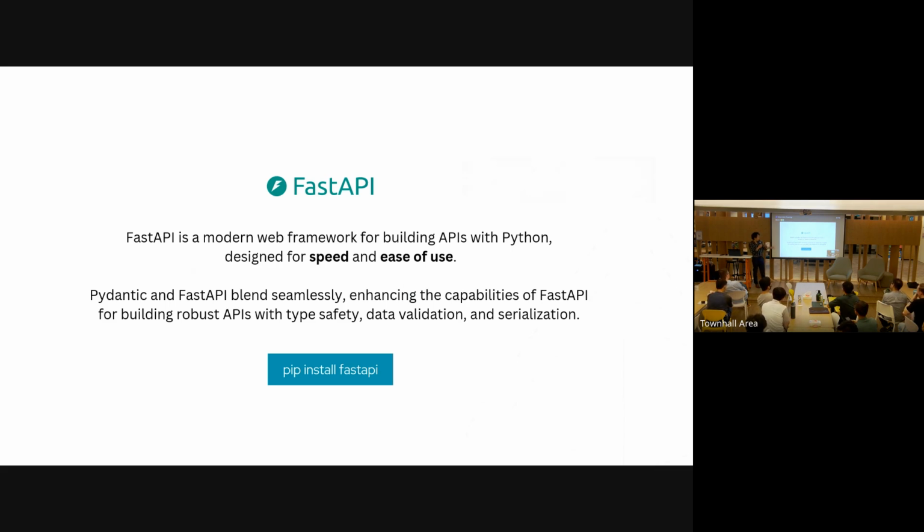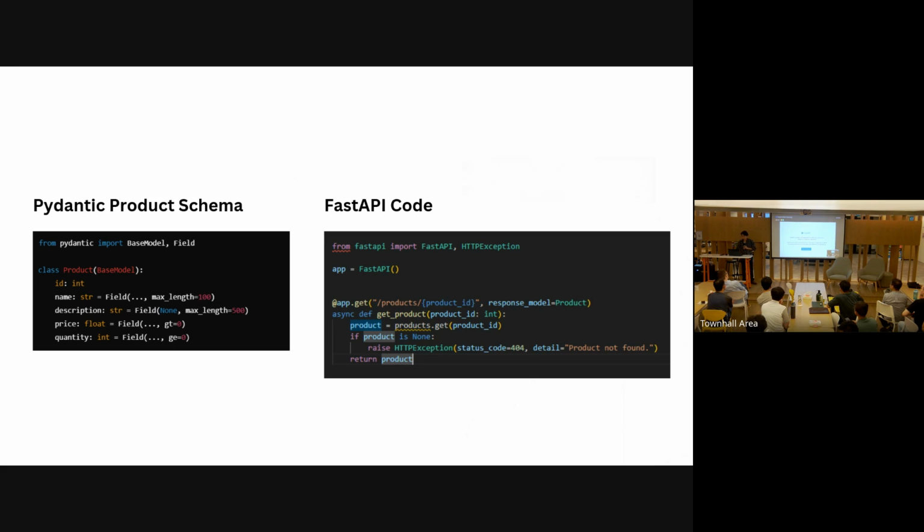As I said, Pydantic and FastAPI are best friends and work seamlessly. You can take the request input, sanitize it, validate it, and transform it into the response model. Very simple. You can define the product schema, write the routes, consume the input, and generate the response.